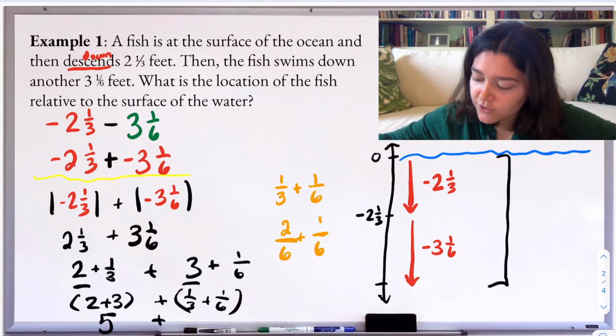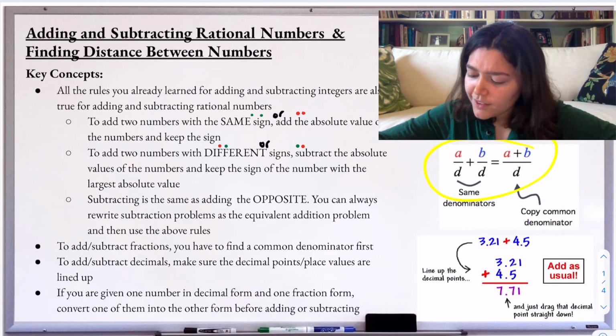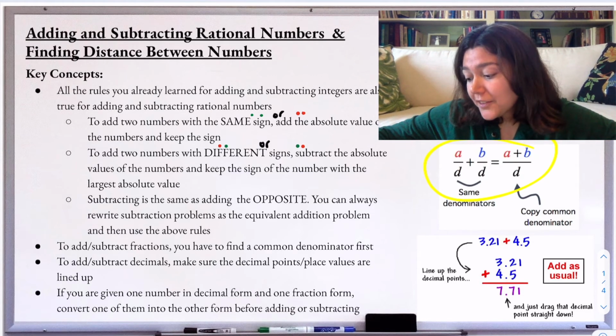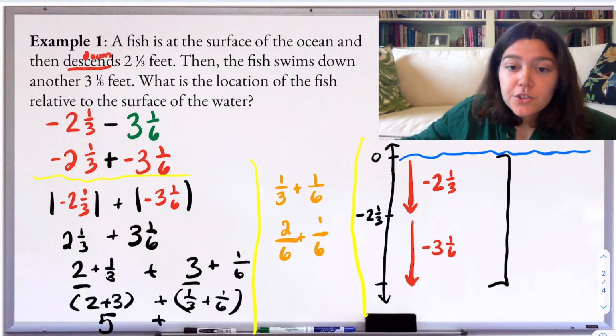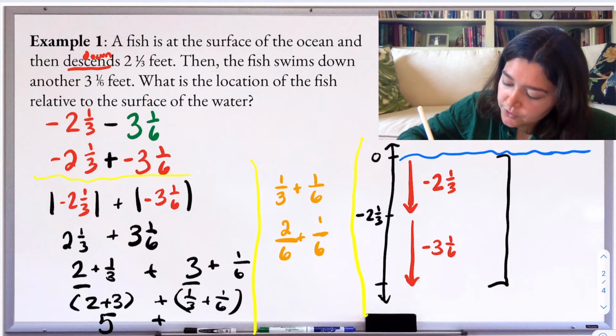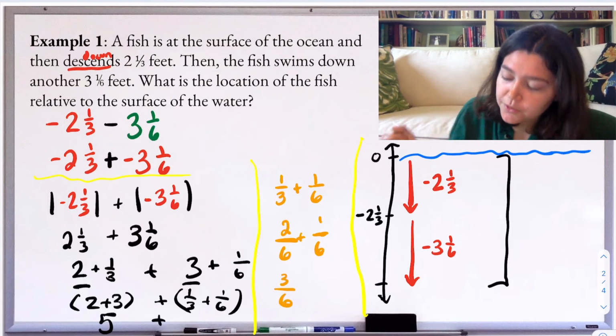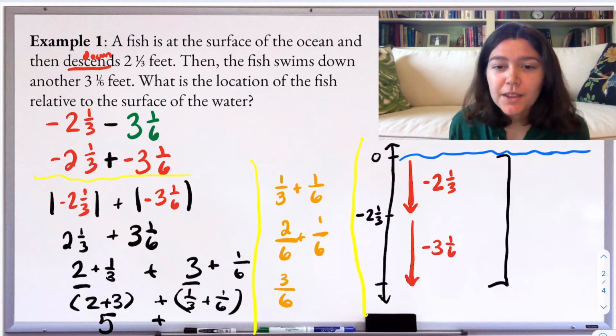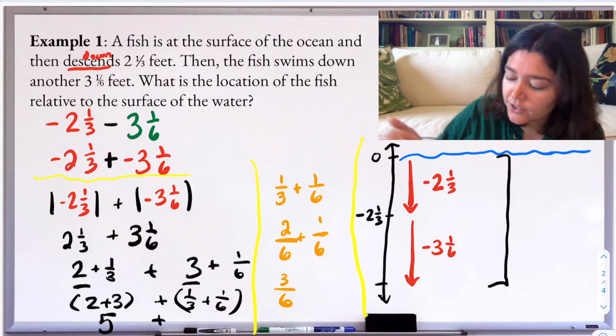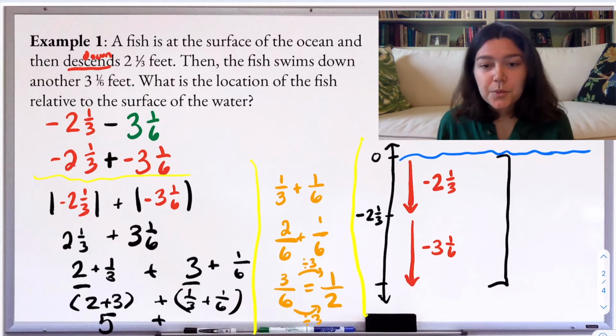Now I can just follow this rule. To add fractions, we add the numerators and then keep the common denominator. So in the numerator, we have 2 plus 1. 2 plus 1 is equal to 3. And in the denominator, we keep 6. So we get 3/6. We have one last step to simplify or reduce that. 3/6 is equal to 1/2.